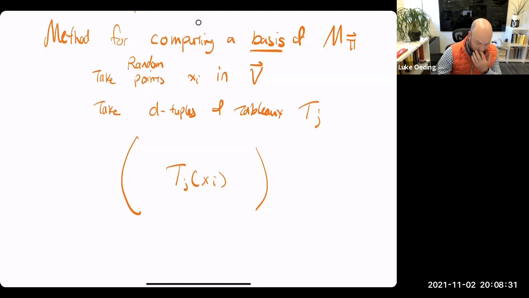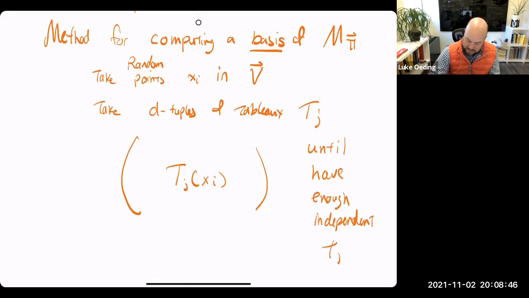So until you have enough independent T_j's, tableaus. Okay, and this is the multiplicity space for the coordinate ring.